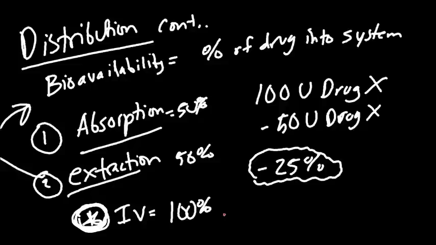We're decreasing our first pass effect. We're decreasing our absorption limitations. We're decreasing our extractions. So with intravenous administration, you'll have 100% of the drug. If you give 100 units of that drug, you will have 100 units of that drug available for use in your body. Excellent.